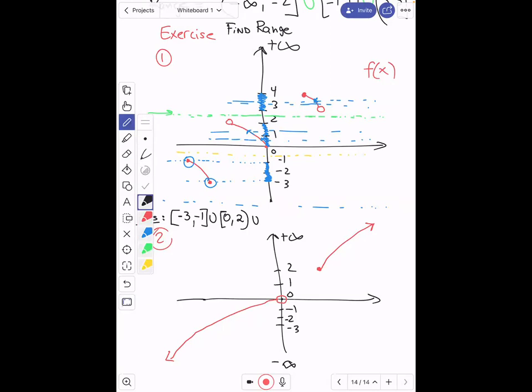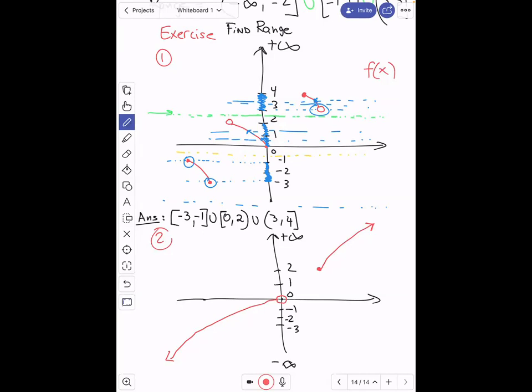So 3, 4. 3 is excluded, right? Because of this empty circle right here. So 3 is excluded. 4 is actually included. So that'll be my third interval. That's the answer for the first graph.